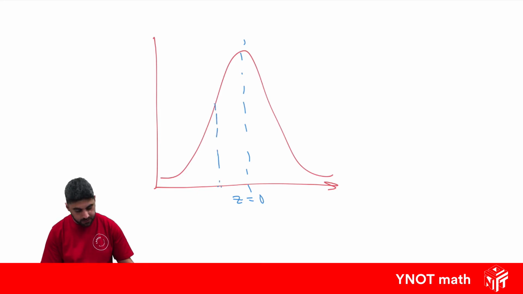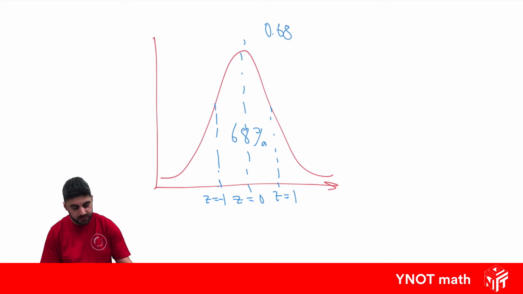And let's look at our z-score of -1 and our z-score of 1. And we know inside here is 68% of all scores. 68% can also be represented by 0.68 as a decimal.